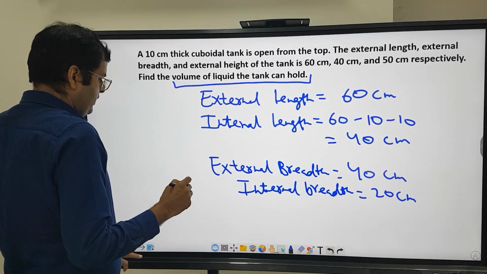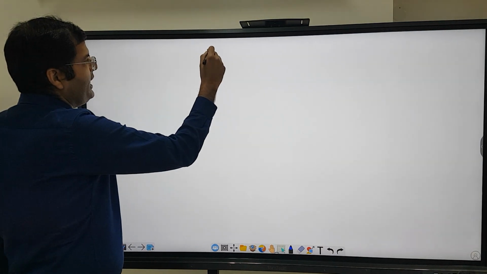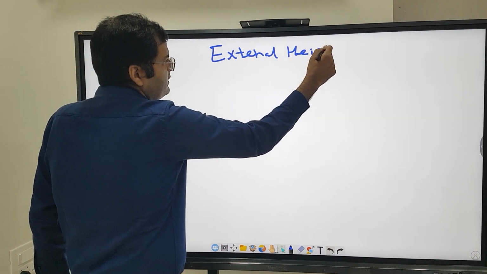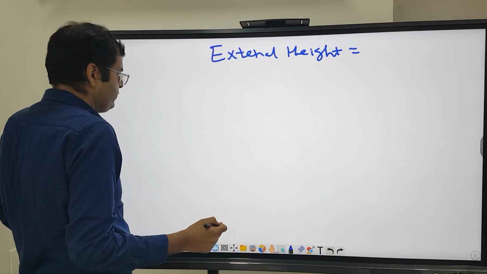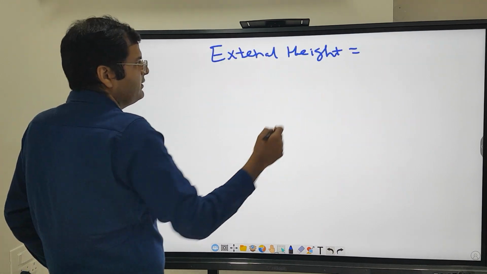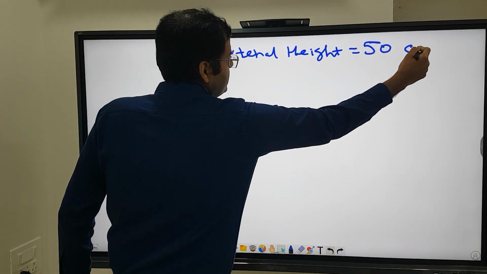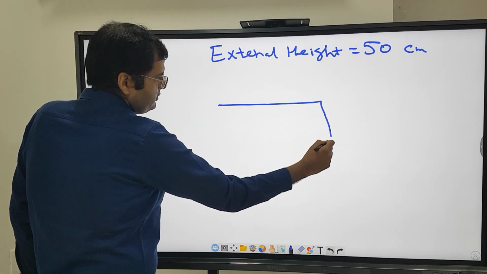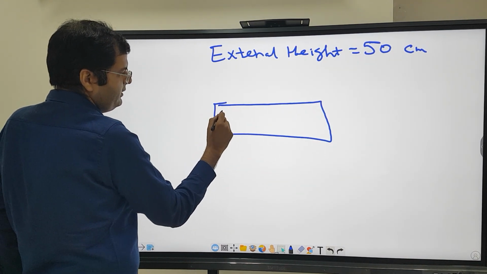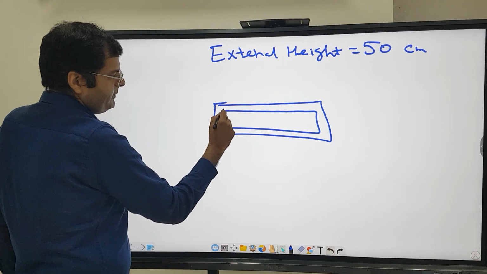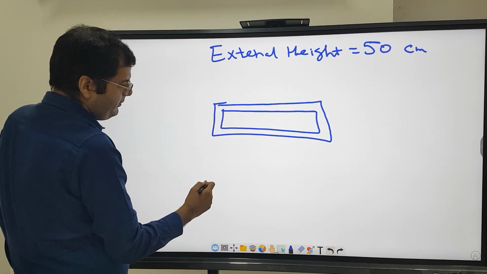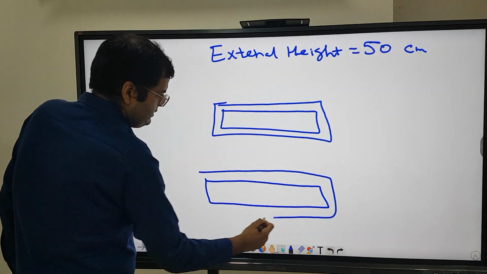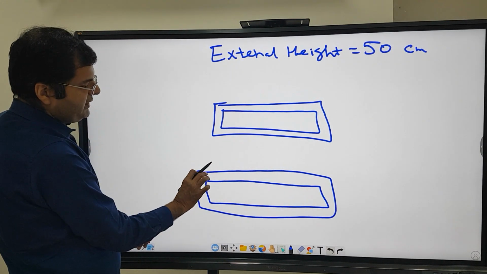Now, the situation is a bit different for the height. The external height is given to be 50 centimeter. With the internal height, what will happen? Again I am drawing this cuboid. This is the top part of the cuboid, and at the bottom of the cuboid there will be some thickness.